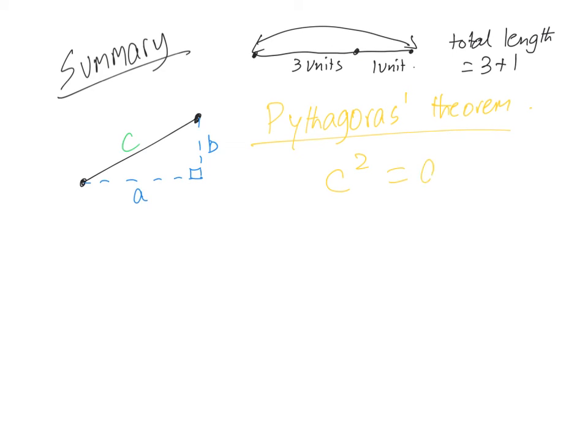So we get C squared is equal to A squared plus B squared. You apply this theorem and we'll always get the value of C. Sometimes you'll have variables, sometimes you'll have values. And that is what we need to find the distance.